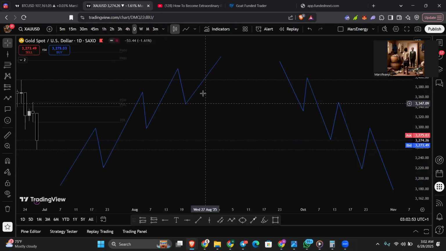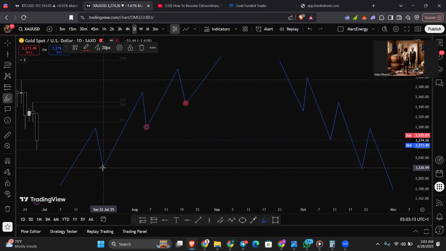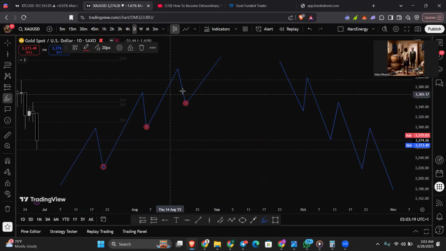Now, this is the bullish market profile, what we call the uptrend. This is the bearish market profile, what we call the downtrend. What constitutes the bullish profile are the bottoms. People call them higher lows, whatever, but I like to call my own tops and bottoms. These are the bottoms, and these are the tops.